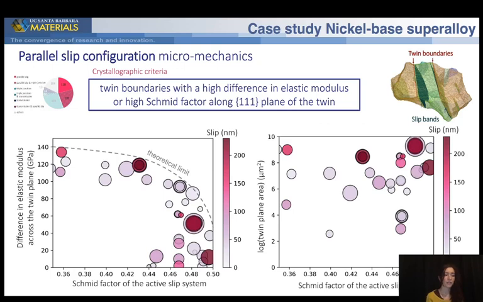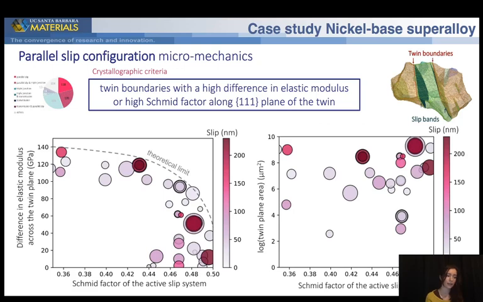And on this slide, I am showing how these two parameters affect the slip bands that are in a parallel slip configuration. So I'm showing two different plots where each marker corresponds to an individual slip band in parallel slip. The marker size is proportional to the slip band length, and the marker color is proportional to the slip band intensity.